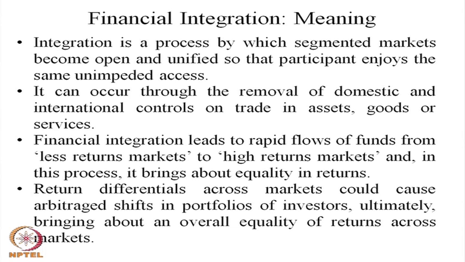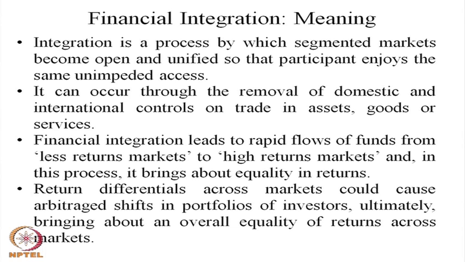When one market provides a higher return, the financial flow will go to that market, because there are no barriers in moving assets or investors from one market to another. So financial integration leads to rapid flow of funds from one market to another to get the arbitrage opportunity, and when the markets become integrated, the arbitrage opportunity will be almost zero. Return differentials across markets cause arbitrage opportunity, and arbitrage opportunity leads to flow of funds.